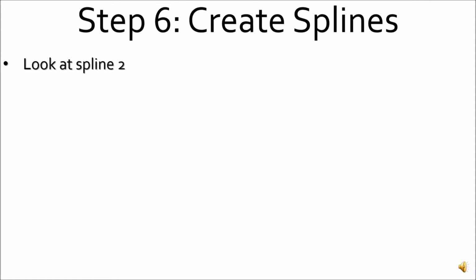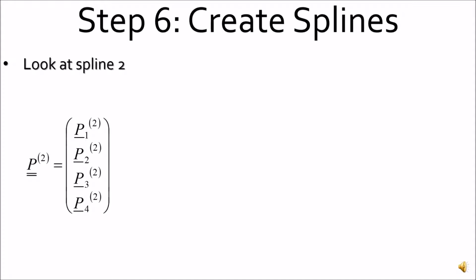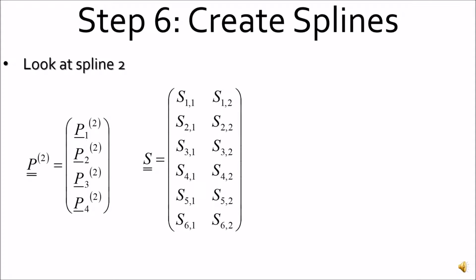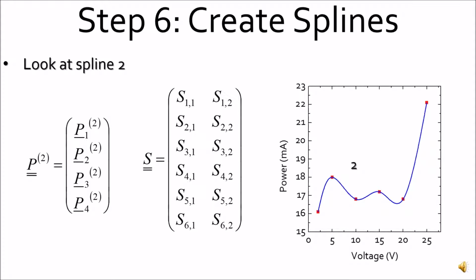Let's have another look at a different spline. Let's look at the second one. Okay, so you notice the superscript here will change from 1 to 2. That's the only difference. Once again, as always, the spline contains 4 elements. And we use the S matrix. Look at our data. Now we're looking at the second spline here. That's the one we're interested in. Let's zoom in on that.